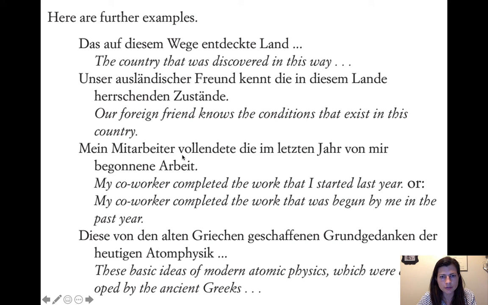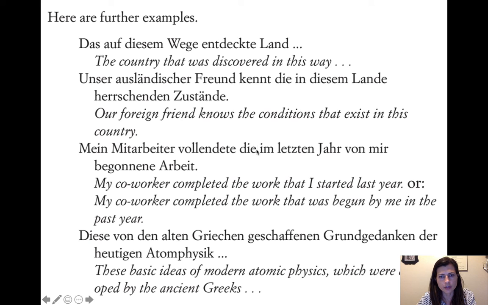Mein Mitarbeiter vollendete die im letzten Jahr von mir begonnene Arbeit. My coworker completed the work that I started last year. Mein Mitarbeiter, my coworker. And then vollendete, completed. And then you see die followed by prepositional phrase. So that means that you go to the end of this whole phrase to find that Arbeit actually belongs to die.